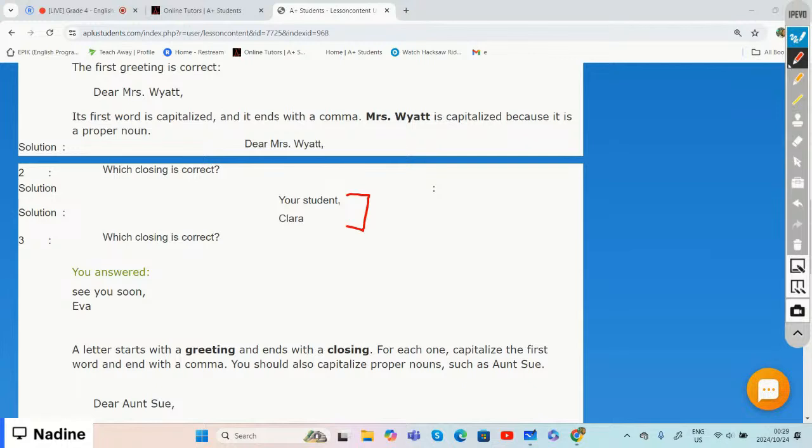All right, and if we were to choose the correct option, maybe, then we can either say see you soon and you write your name, or you can say lots of love and you write your name.